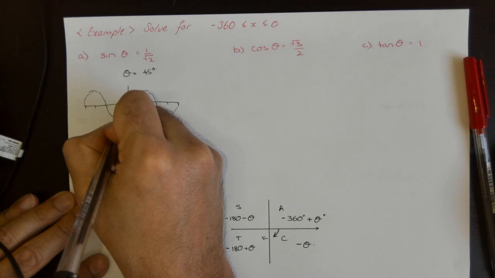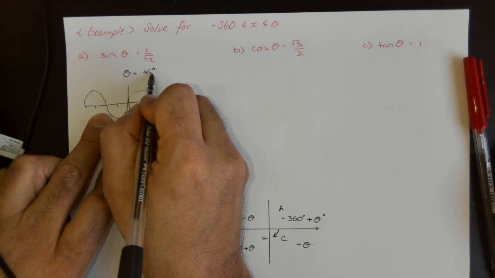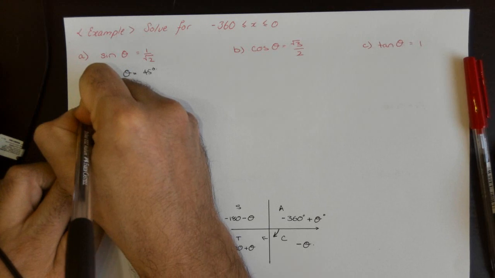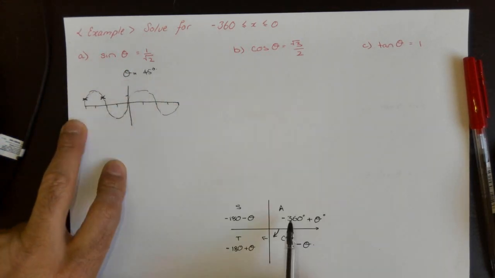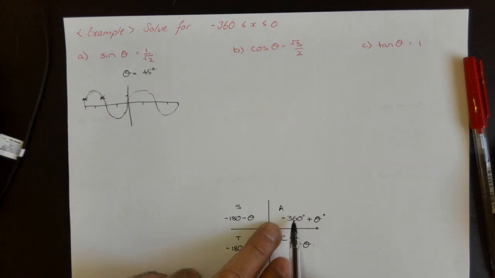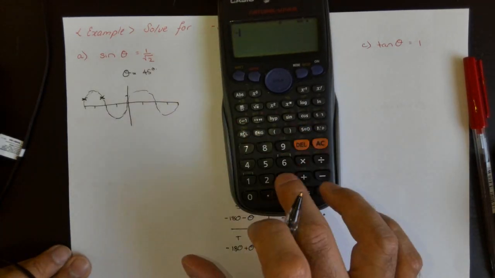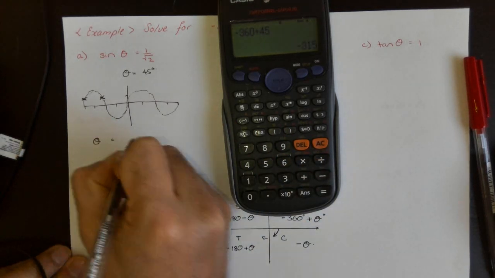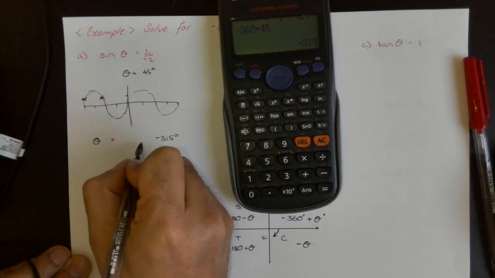We want it to be up here somewhere. So we know that's positive in the first quadrant, which is technically negative 360 plus theta. So negative 360 plus 45 gives us negative 315 degrees. Yeah, that's one solution.